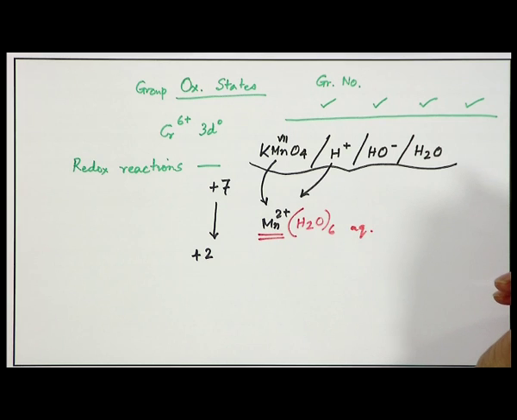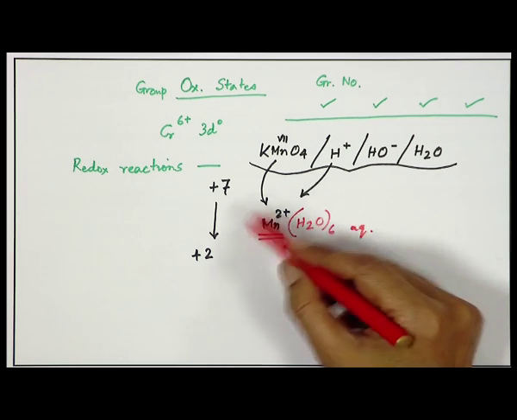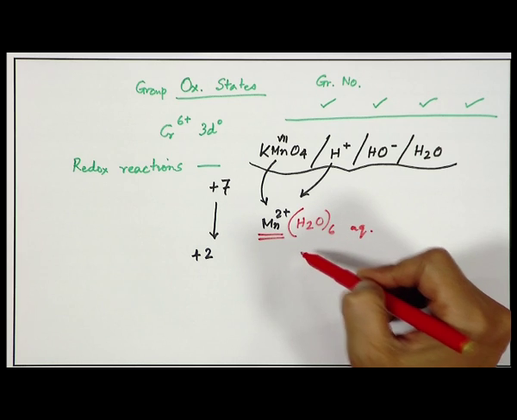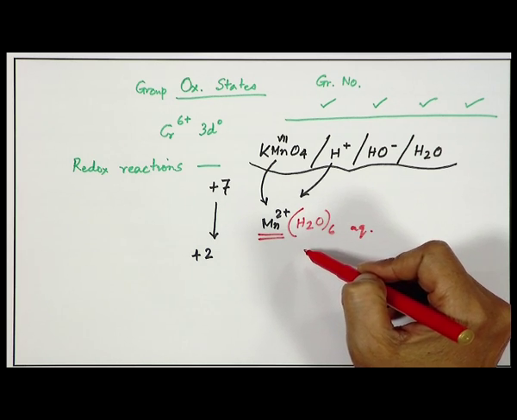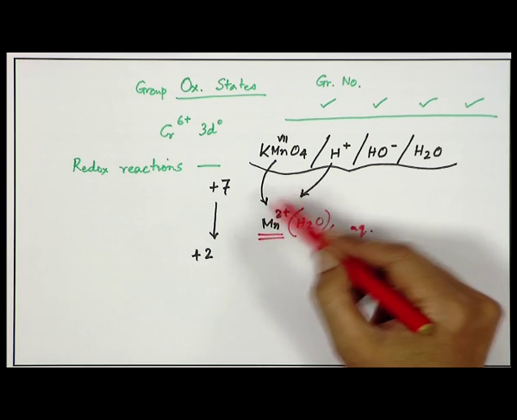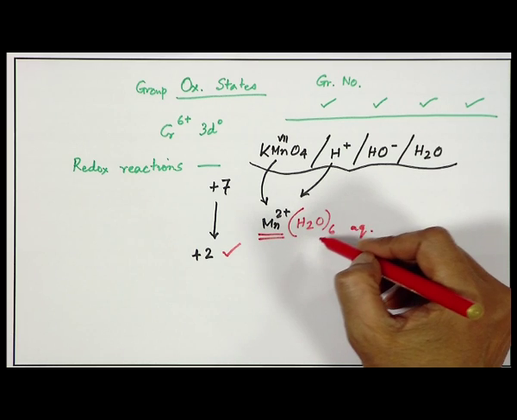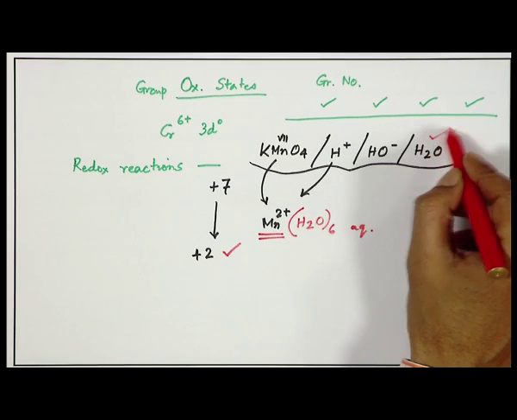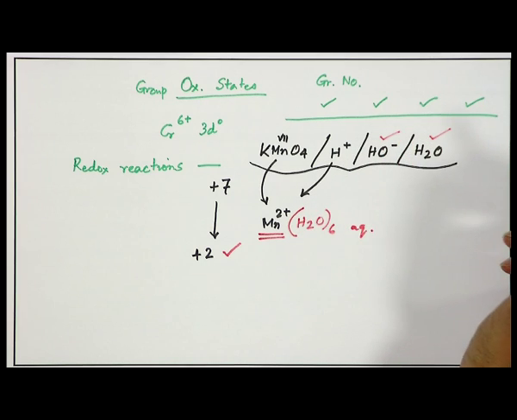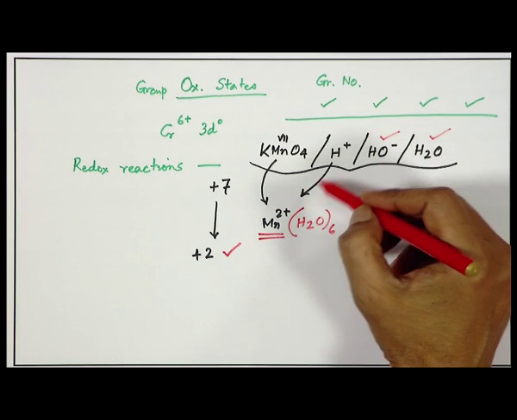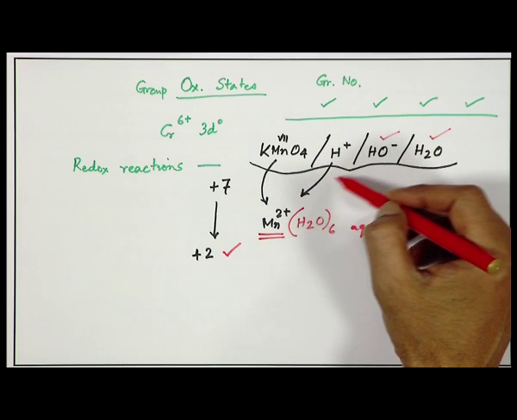In the acidic medium only, it can supply these water molecules. That is why this species is present, meaning the +2 oxidation state for manganese is stable in acidic medium.